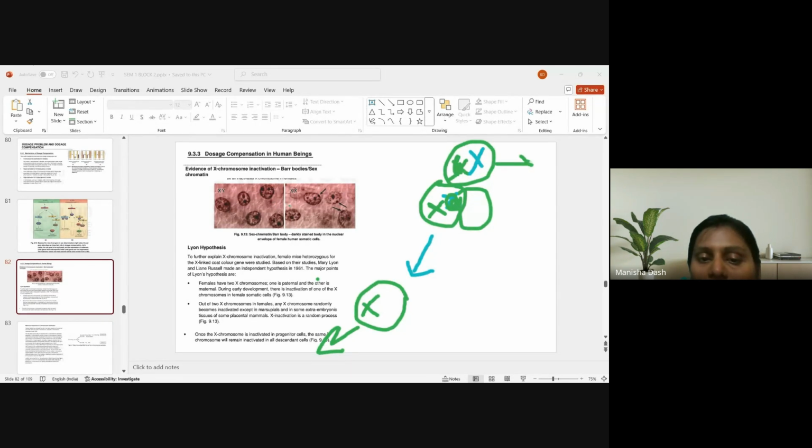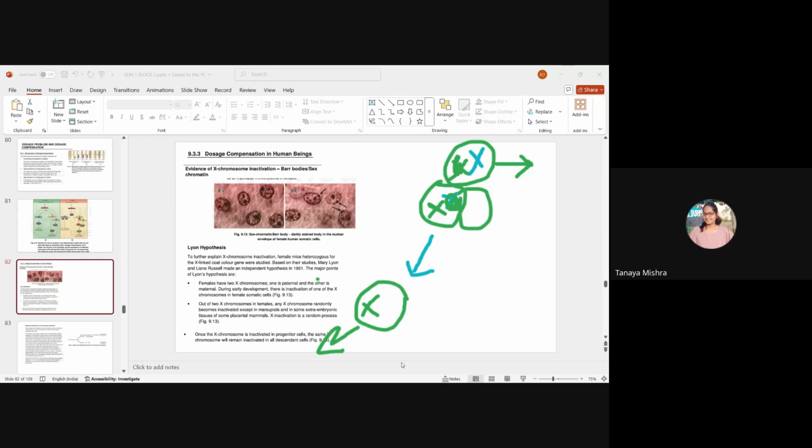So in all the descendants of this cell, only the paternal X chromosome will remain active. Okay, so that is the meaning of the second point. Though it might be randomly inactivated, once decided, whatever X chromosome remains active, all the descendant cells will have the same X chromosome in the active form.